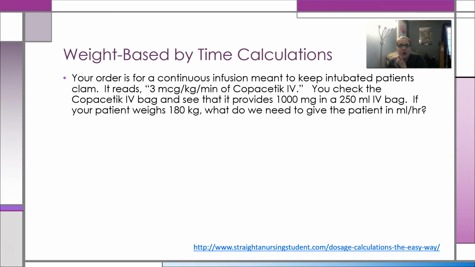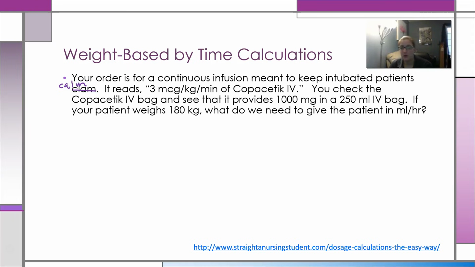So, your order is for a continuous infusion meant to keep intubated patients calm. Well, that's interesting. Let's just say let's keep some patients calm. Great, that sounds wonderful. It reads that we need to give them 3 micrograms per kilogram per minute.